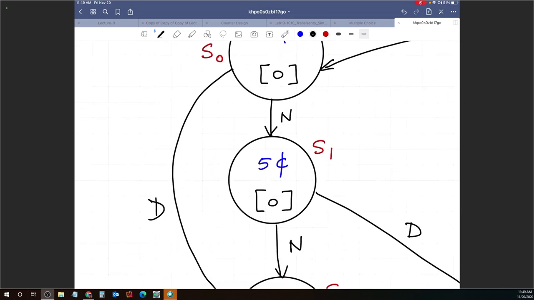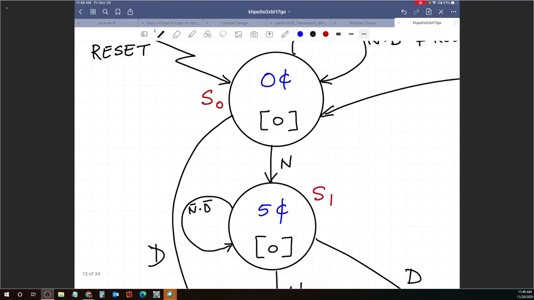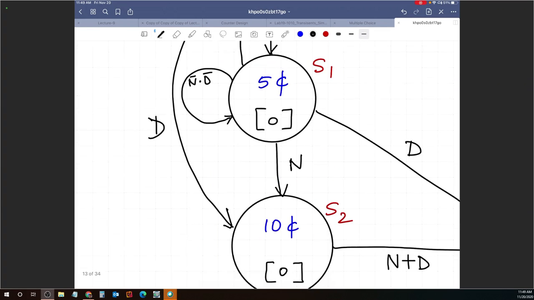Similarly over here. N complement and D complement. You stay there. If you press reset, you go back here. Come back down to S2.